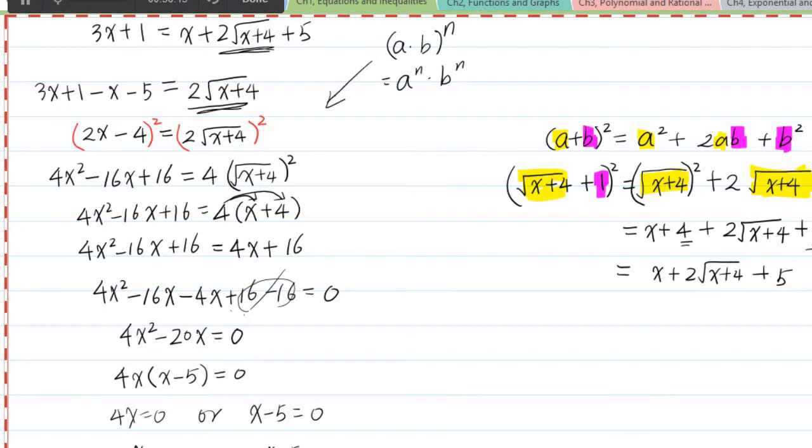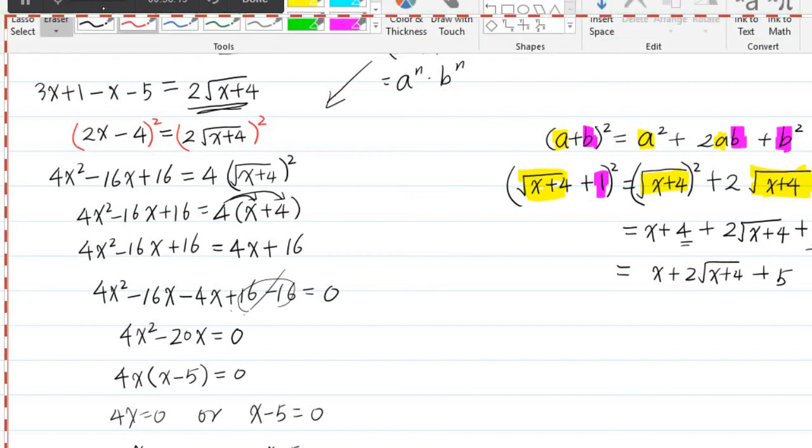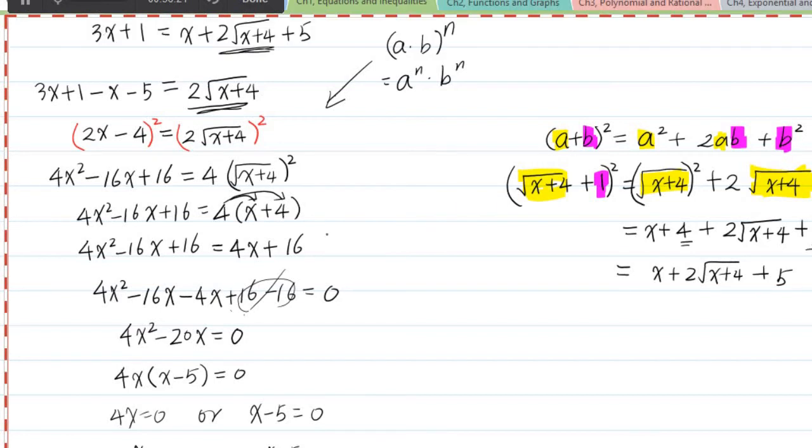But you have to remember, because we raised the power to an even power, you must check your answers. So now we're going to check the answer. Let me write the original equation down so that we can check your answer easily.